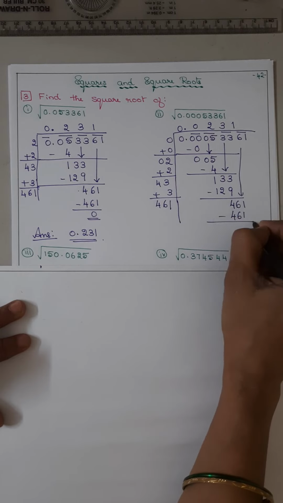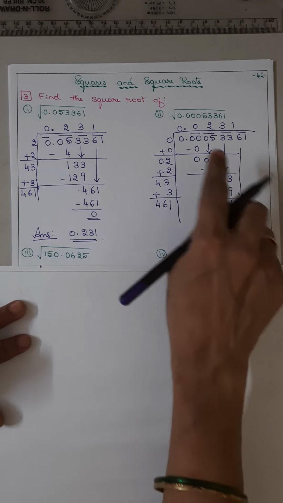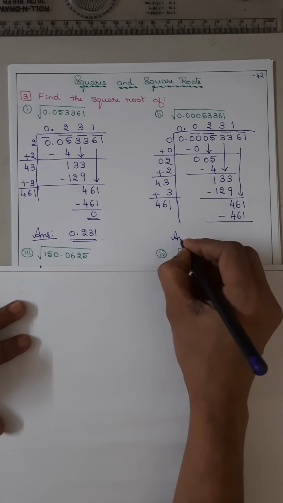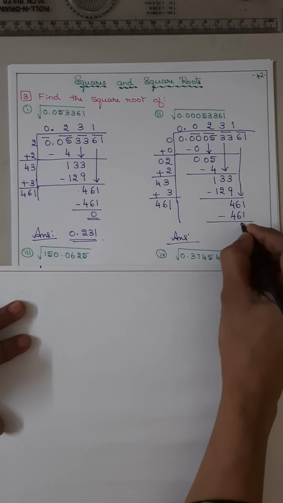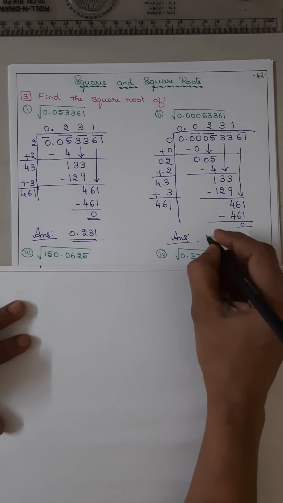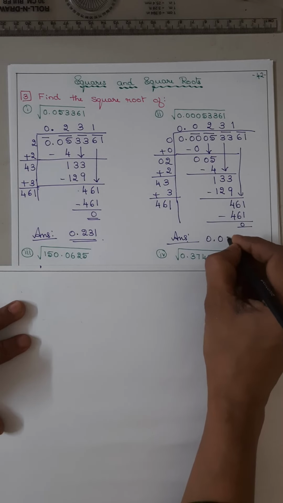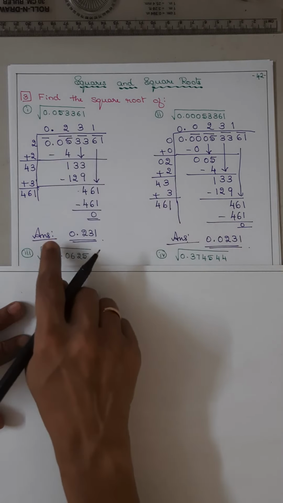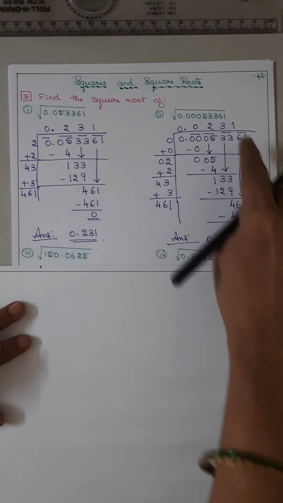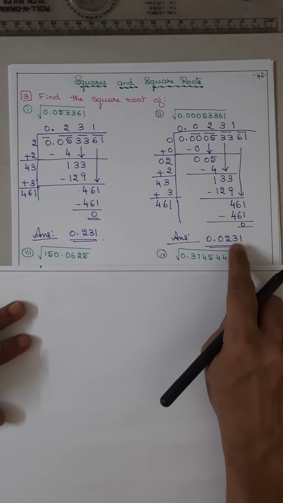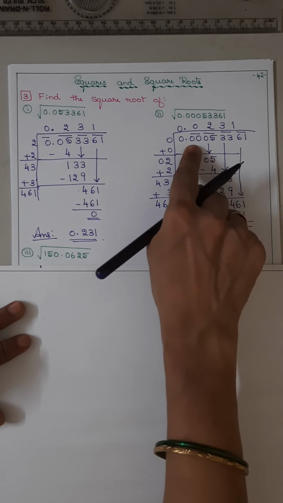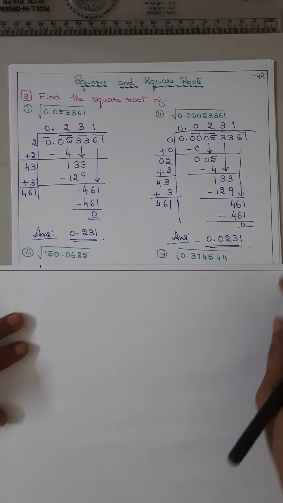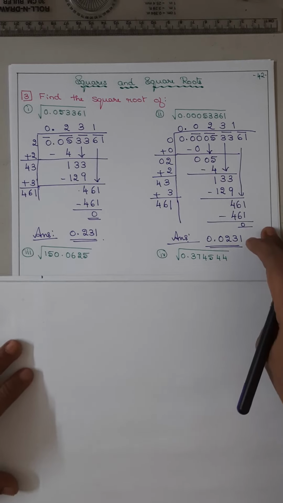The numbers here and here are the same, but with extra 0 0. So the answer is 0.0231. Here it was 0.231, here it is 0.0231 because of 2 extra zeros. Hope you are understanding.